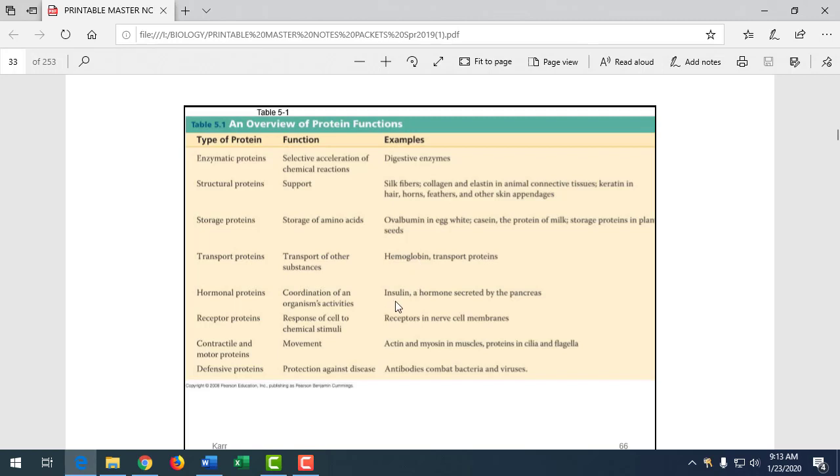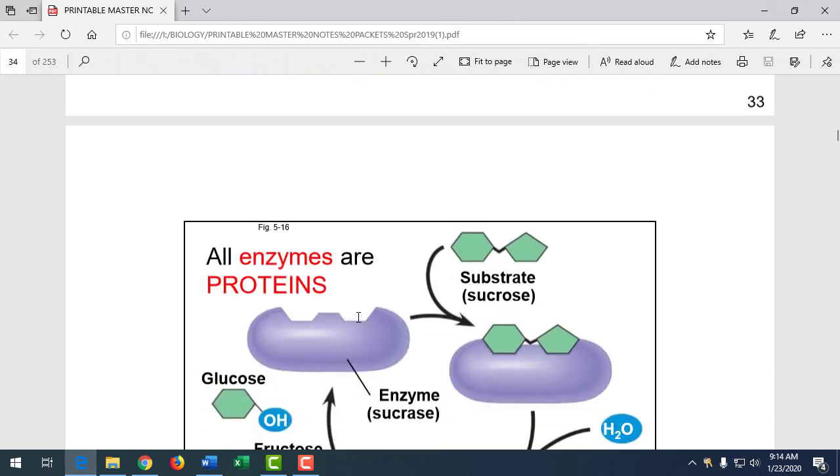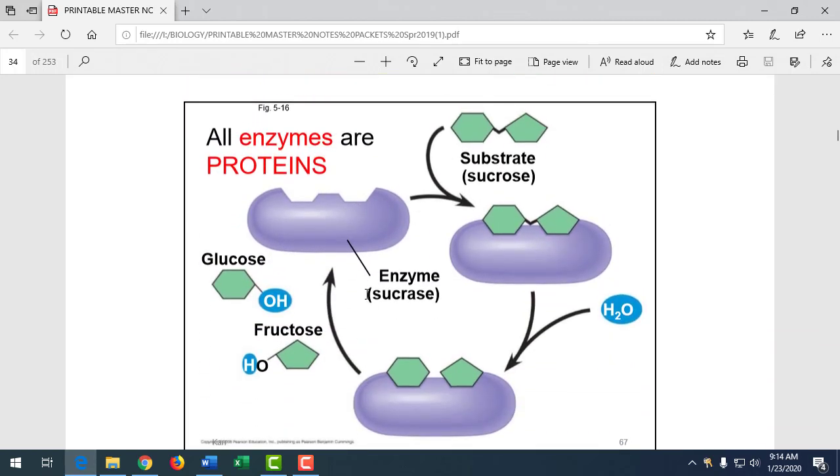We talked about insulin, that controls blood sugar. We have receptors on our nerve cells that are made up of proteins. Our muscles are made up of protein, cilia and flagella that help single-celled organisms maneuver their environment. The flagella we know is on sperm. Cilia lines our respiratory tract, our airways, and I've talked about antibodies. So really, really important organic molecule are these proteins.